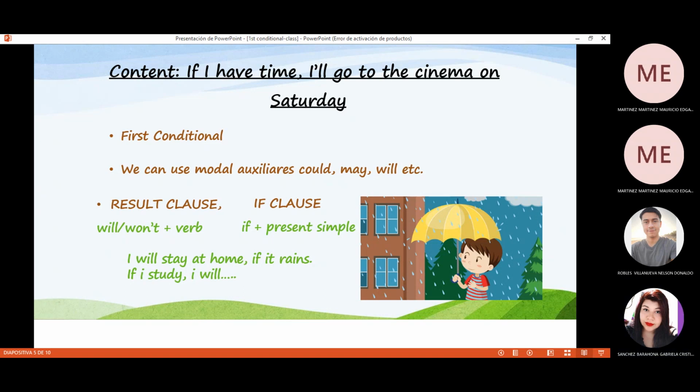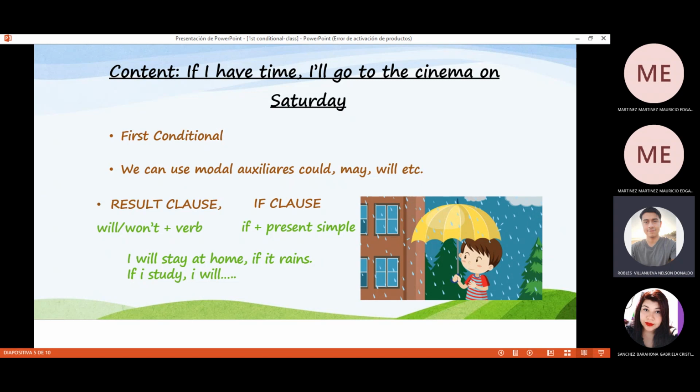Yes, that's true, because you are following with an infinitive verb, pass the exam. And you, Robles Villanueva, do you have other sentences? Yes. If I study, I will get good grades.